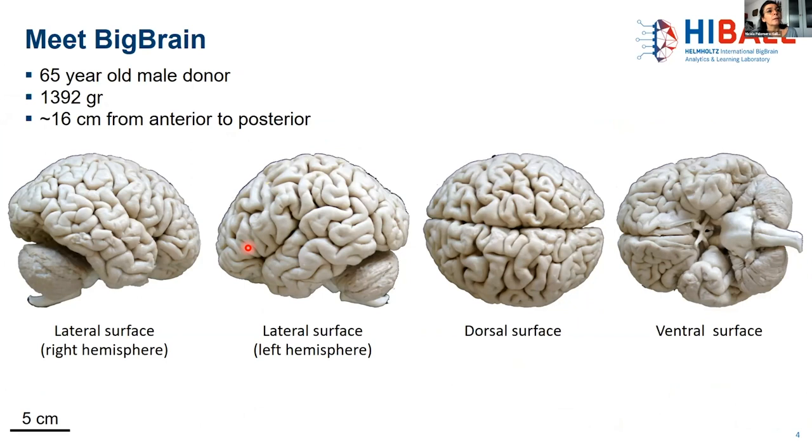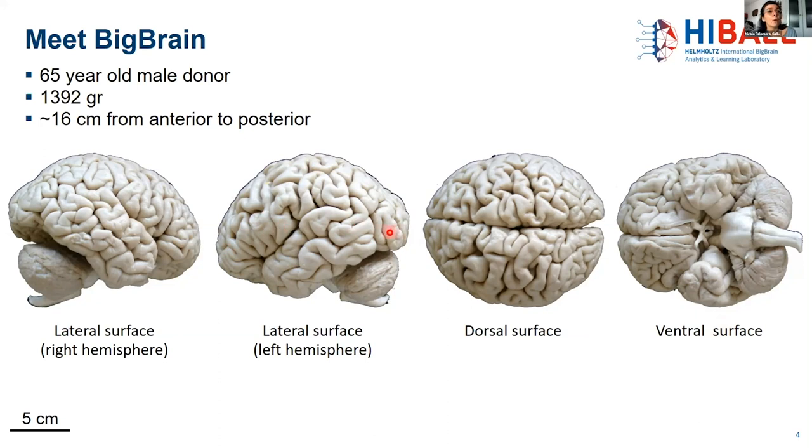It weighs 1,392 grams, which is actually just slightly above the average mean weight of a male brain, that is around 1,200 grams. And BigBrain is approximately 16 centimeters long when moving from anterior to posterior.